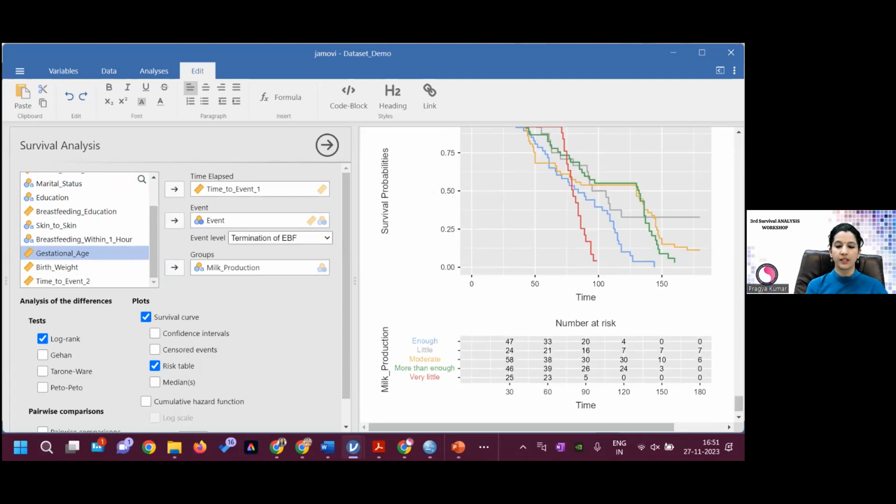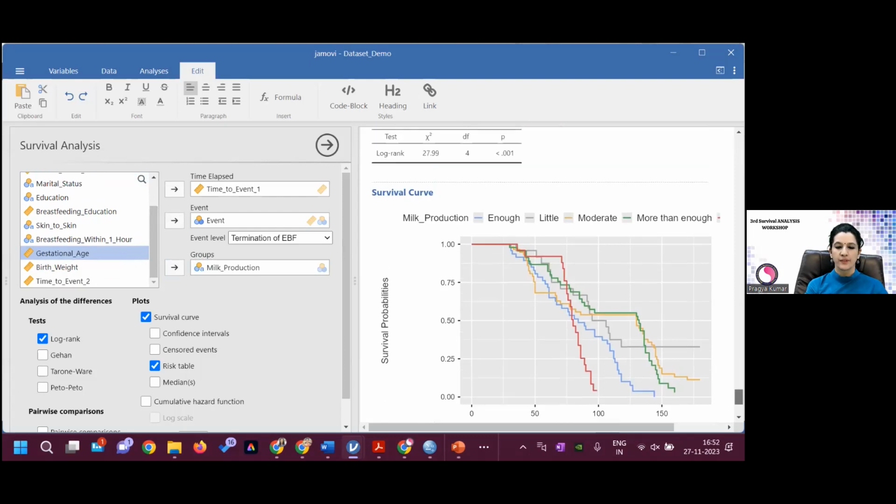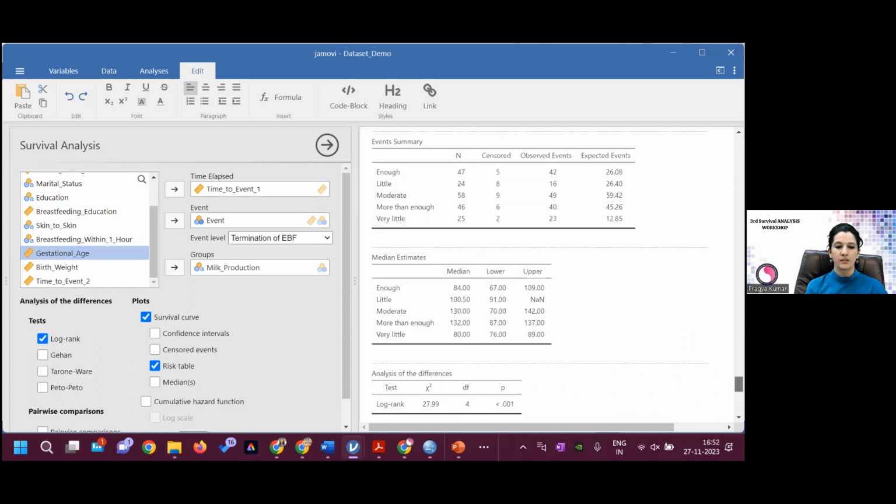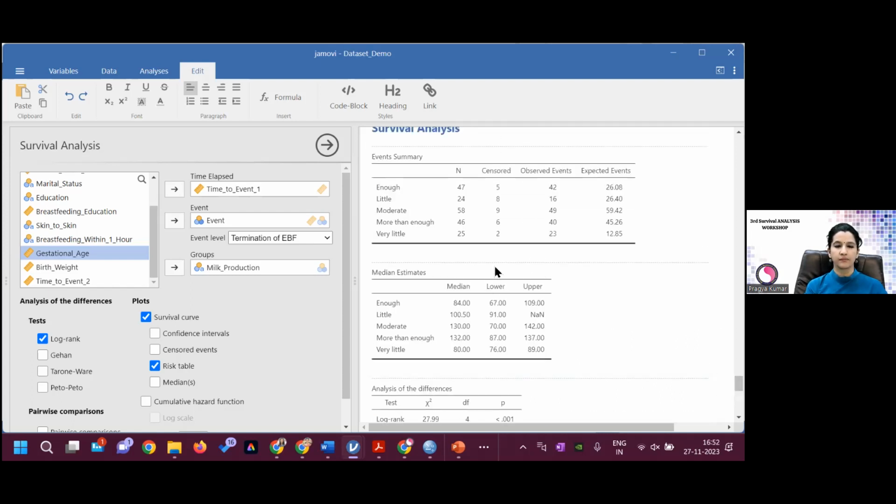So can you see there are 4 graphs and 4 risk sets, and with the median survival, you can see that this is your median estimate. So this is showing you the censored, observed and expected events. And this is your median survival time. There are 5 categories here, and the largest is 132 days.